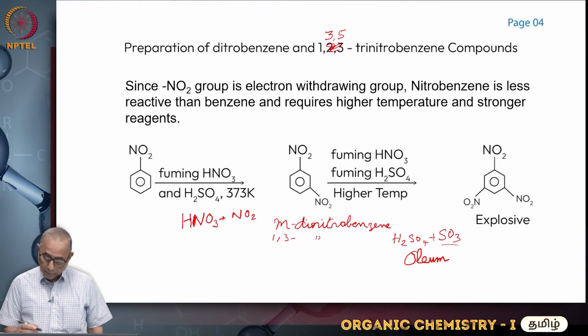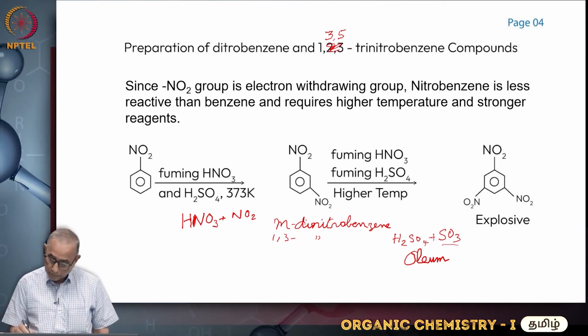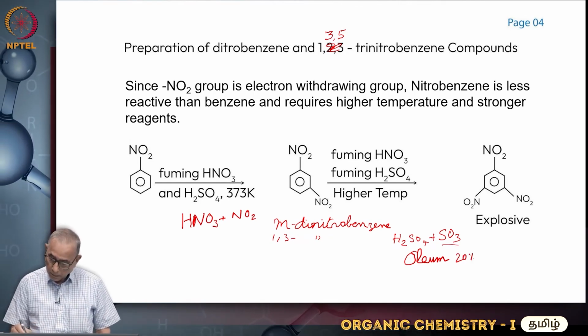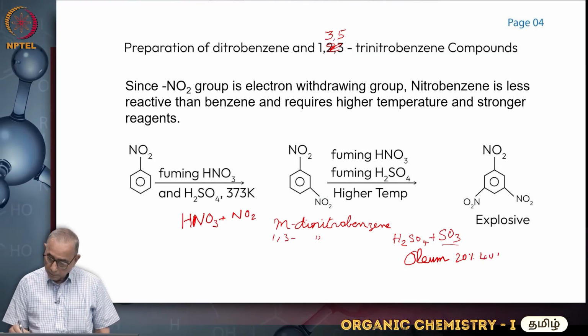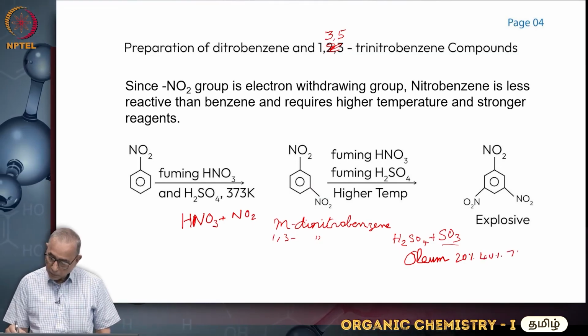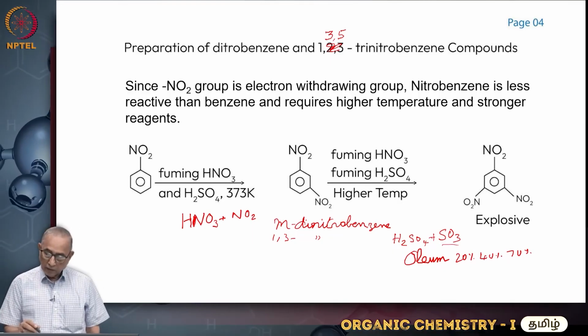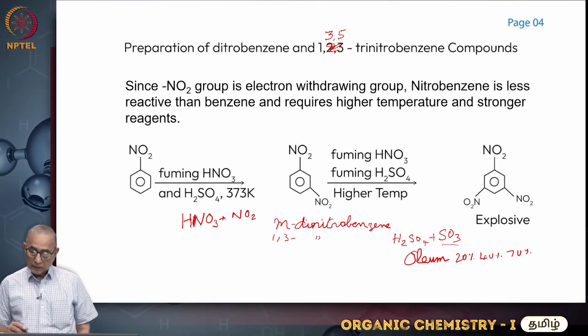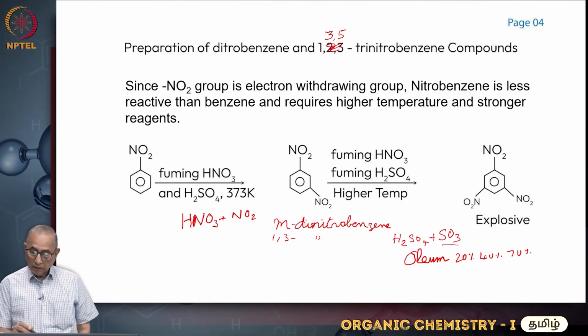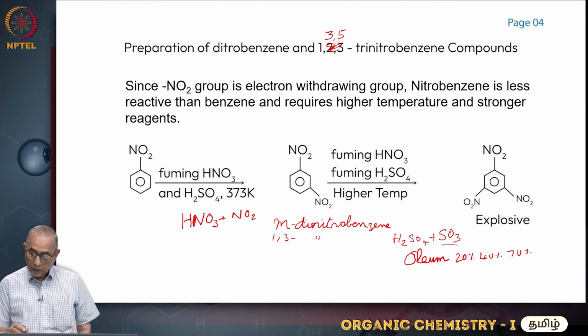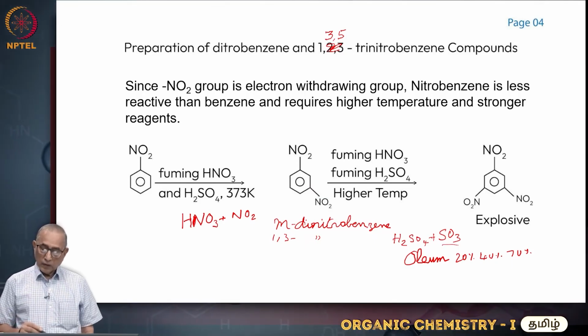You can have 20% oleum, 40% oleum or 70% oleum. 20% weight by weight sulfur trioxide in sulfuric acid, 40% weight by weight of SO3, and 70% is very highly concentrated.